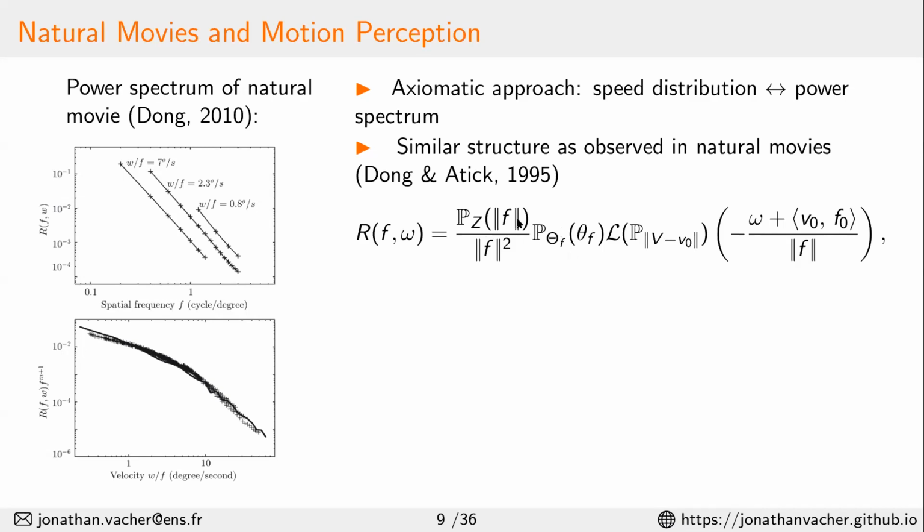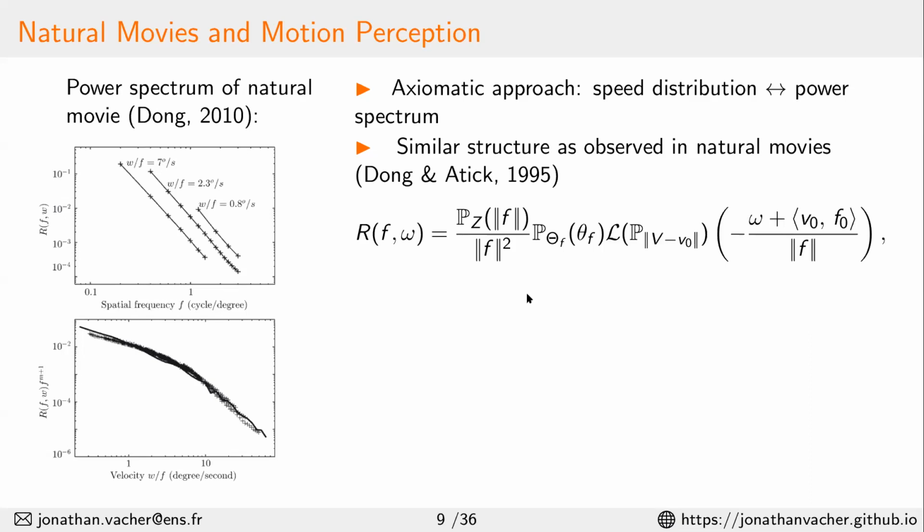And so this defines mostly the characteristic frequency of the stimuli and its orientation. And for the speed, there is a little transformation, in fact, of the speed distribution. As you see, it is true that it depends on omega over f here.